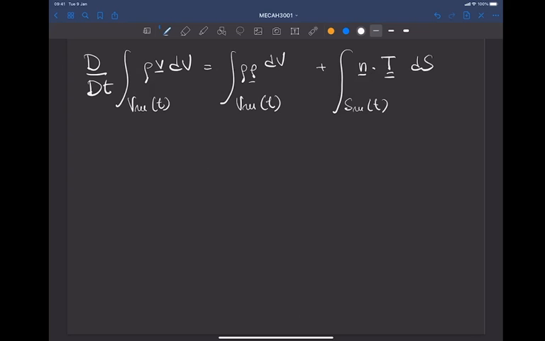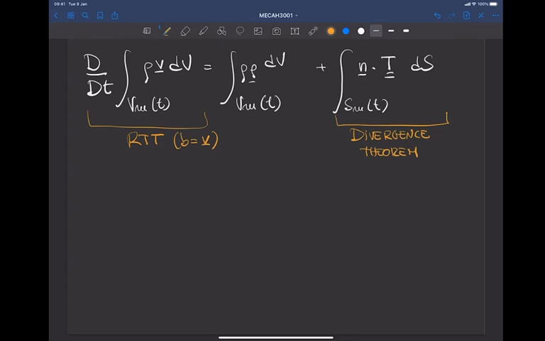Now what I do here is apply the divergence theorem, and I apply here the Reynolds transport theorem with the b, remember, being the velocity.